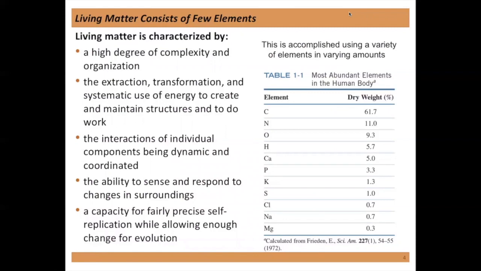Living matter tends to be able to sense its environment and respond to the changes around it. If it wasn't able to respond to changes, it would quickly pass. And a key for living matter is a capacity for fairly precise self-replication. So it can take information and pass it on to a new generation.